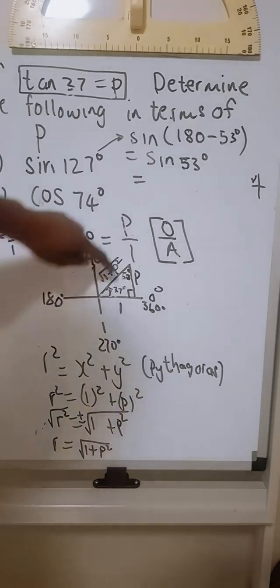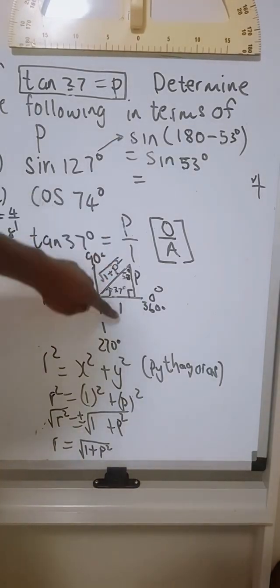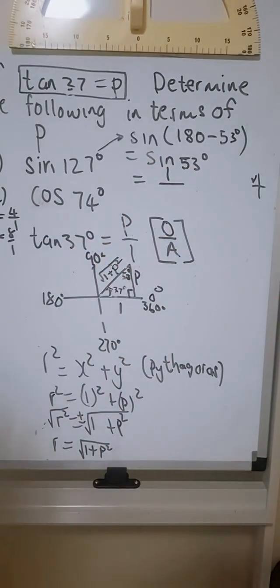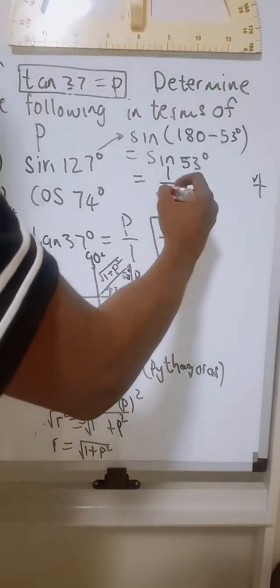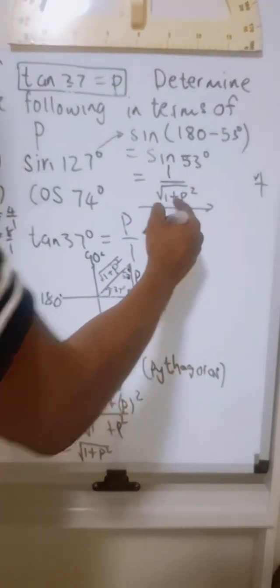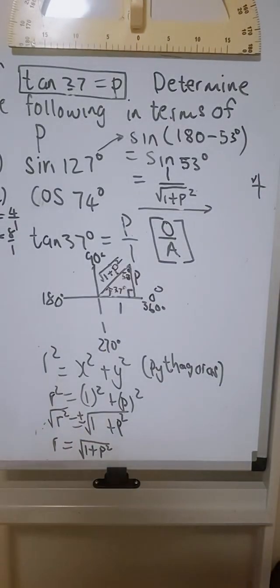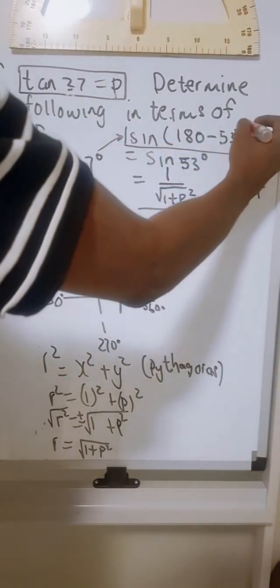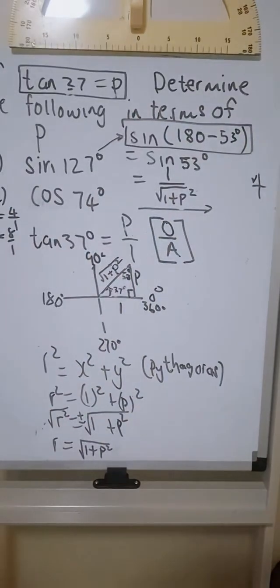So I read using the diagram, sine of 53: opposite over hypotenuse. Using this angle, the opposite side is 1. So I say 1 over the hypotenuse, which is the square root of 1 plus p squared. Very important that here we used the reduction formula and applied our function value to reduce an obtuse angle to an acute angle.